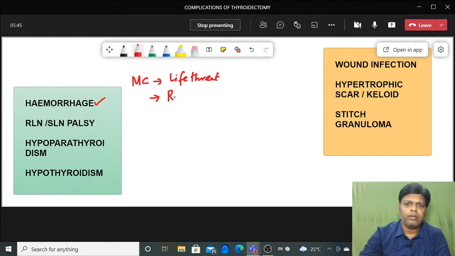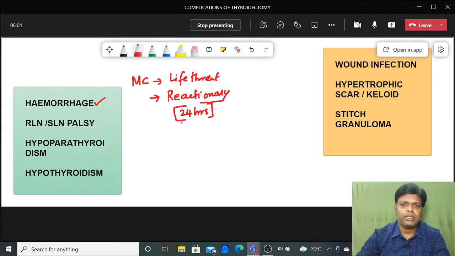Typically you will get a hemorrhage called reactionary hemorrhage. So what do you mean by reactionary hemorrhage? Reactionary hemorrhage means that you are getting bleeding after surgery, within 24 hours.